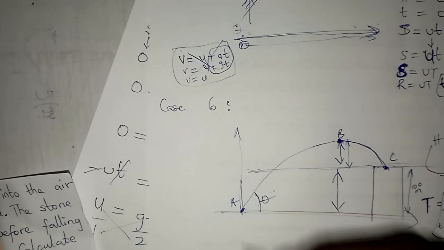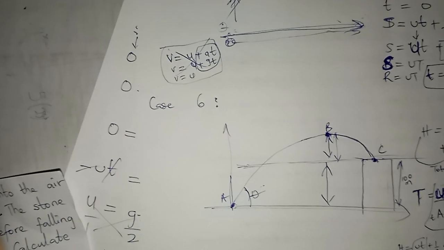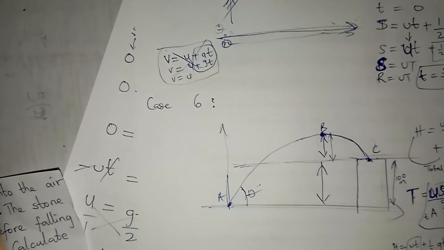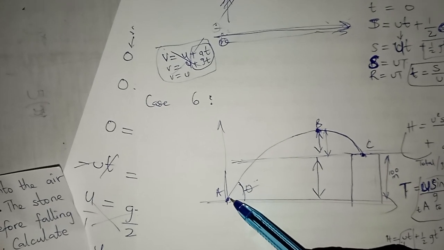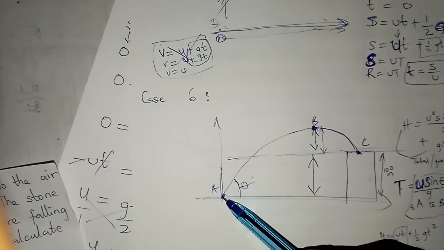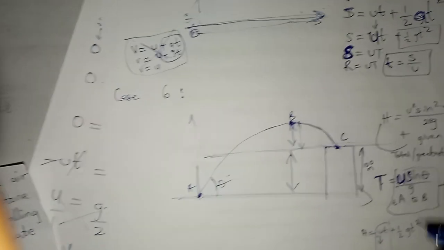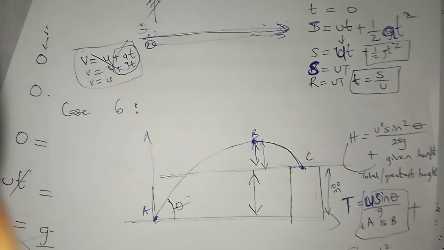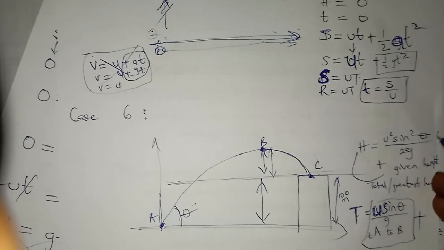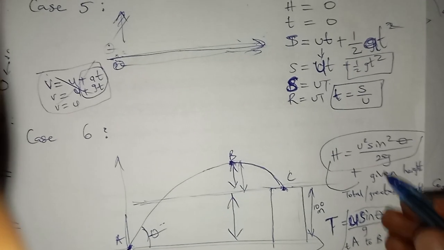So in this case, that means that first of all, the greatest height here, if you check it, if we do from this point to this point, it covers the whole height. So case 6 is not the same. Case 6 is simply using maximum height, that is u squared sine squared theta over 2g.